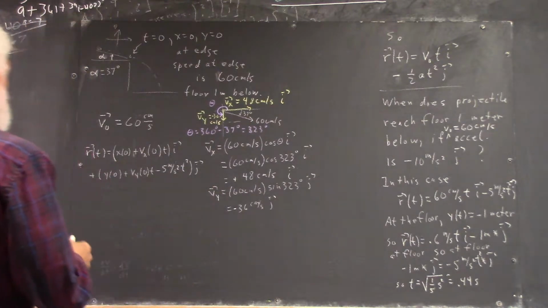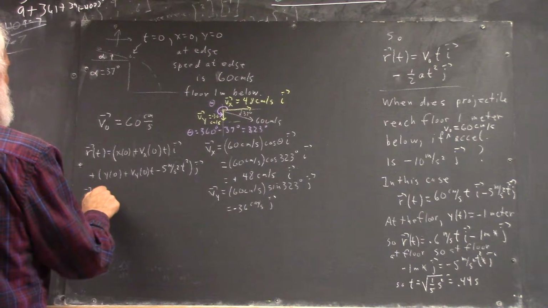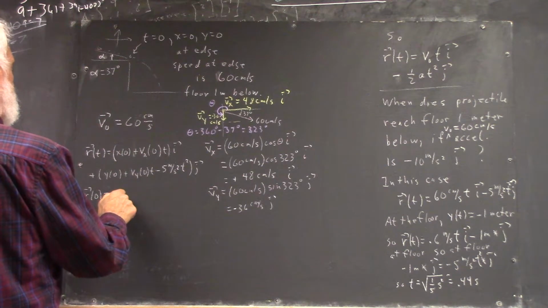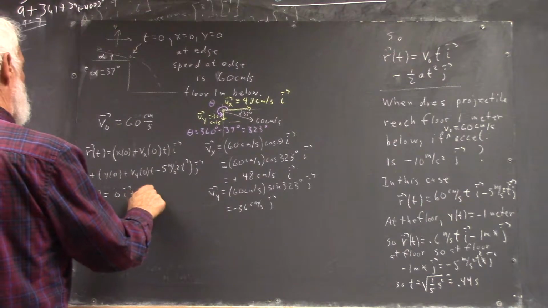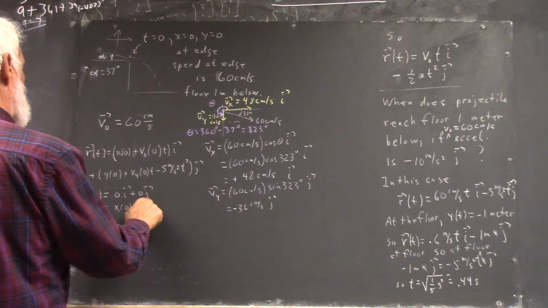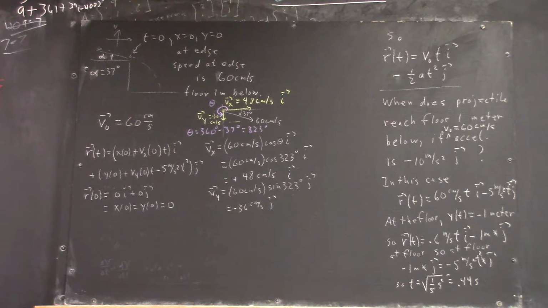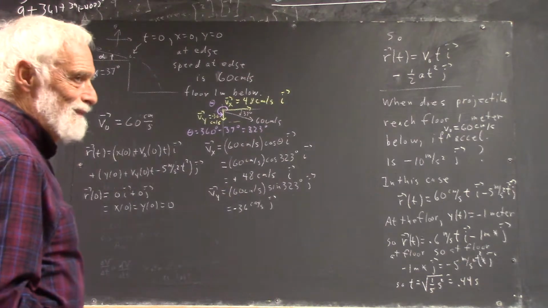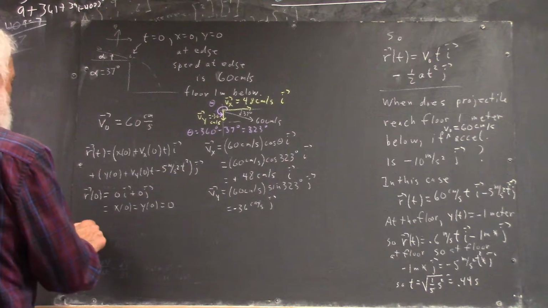So, R of 0 equals this, x of 0 and y of 0 both equal to 0. That's intuitively obvious, but you want to include that step because it's not always going to be the origin. Just to be formal.